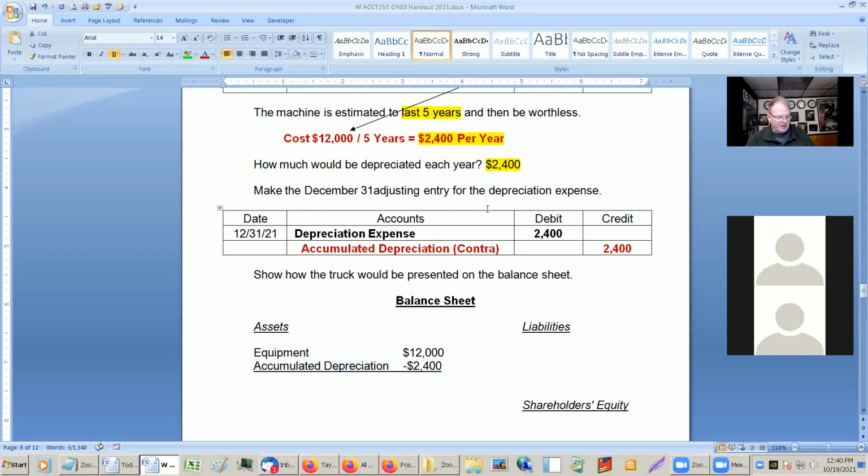And this will be what they call the net equipment. What is that? 9,600? I think it's 9,600. You want to check that though. Oh, wait a minute. That's not even close to what I just said. All right.